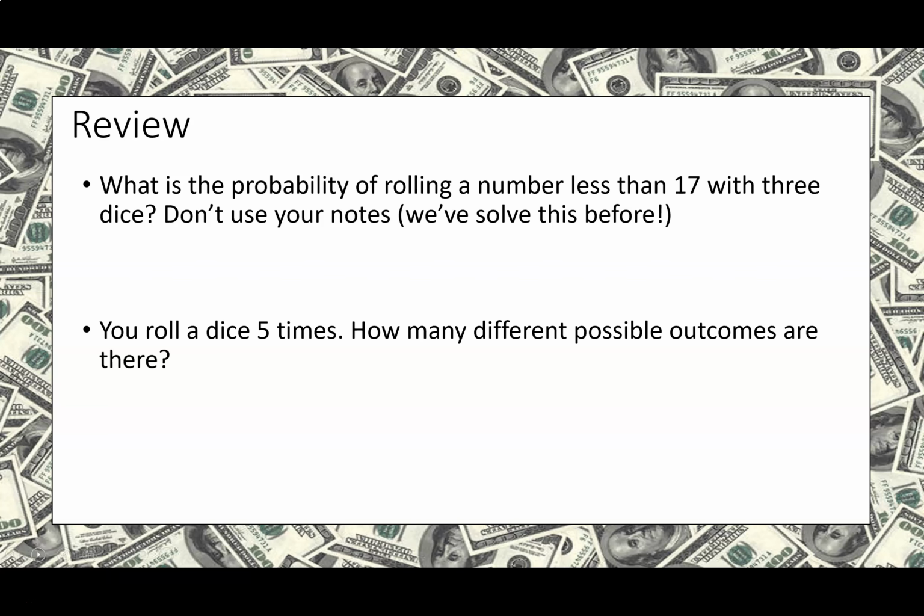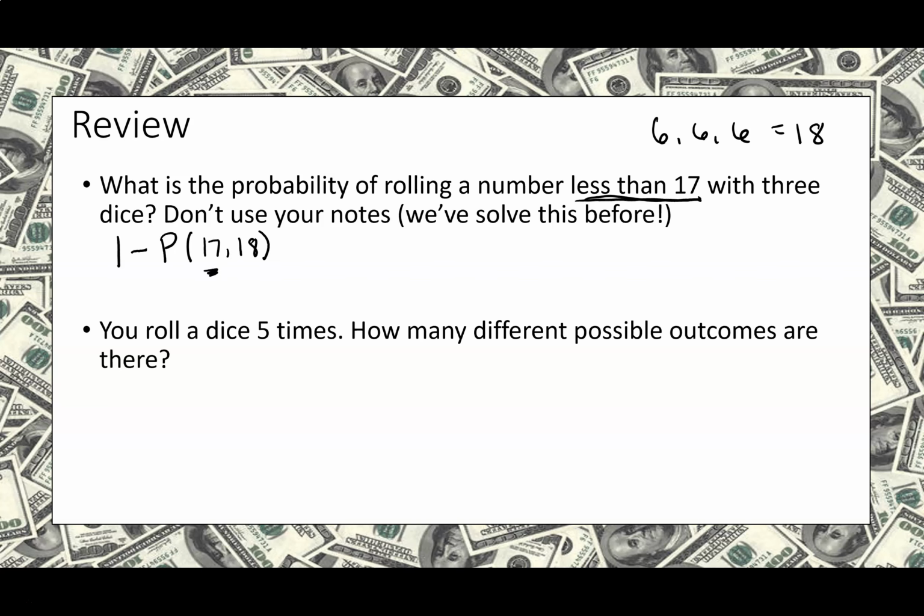All right, you're back. So what's the probability of rolling a number less than 17? Well, that's going to be 1 minus the probability of rolling something that is the opposite of less than 17. And if you're rolling 3 dice, 6, 6, 6 is your max of 18, which means the opposite of less than 17 would be 17 and 18, right?